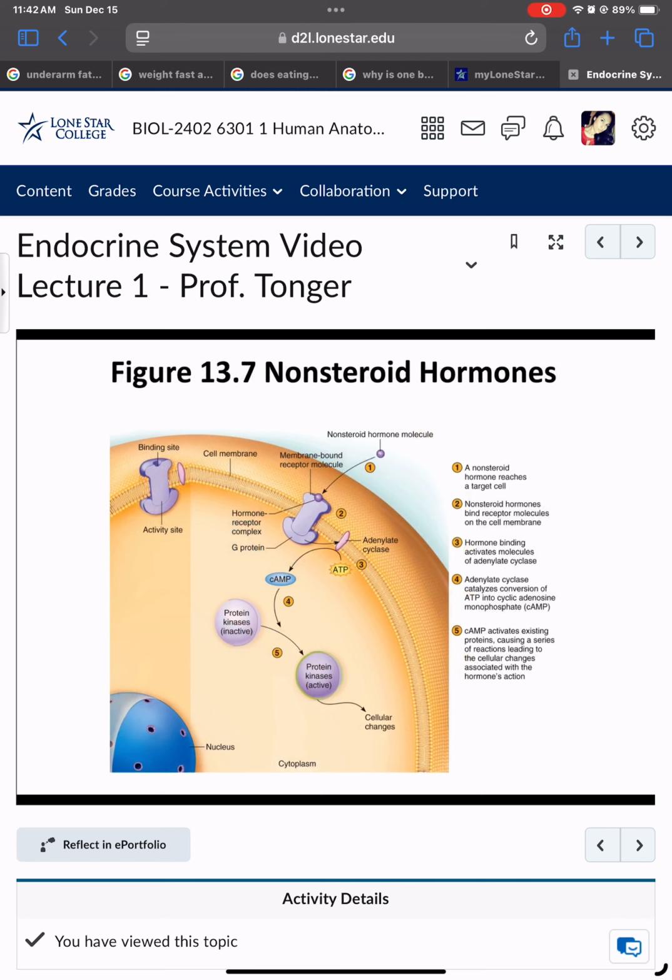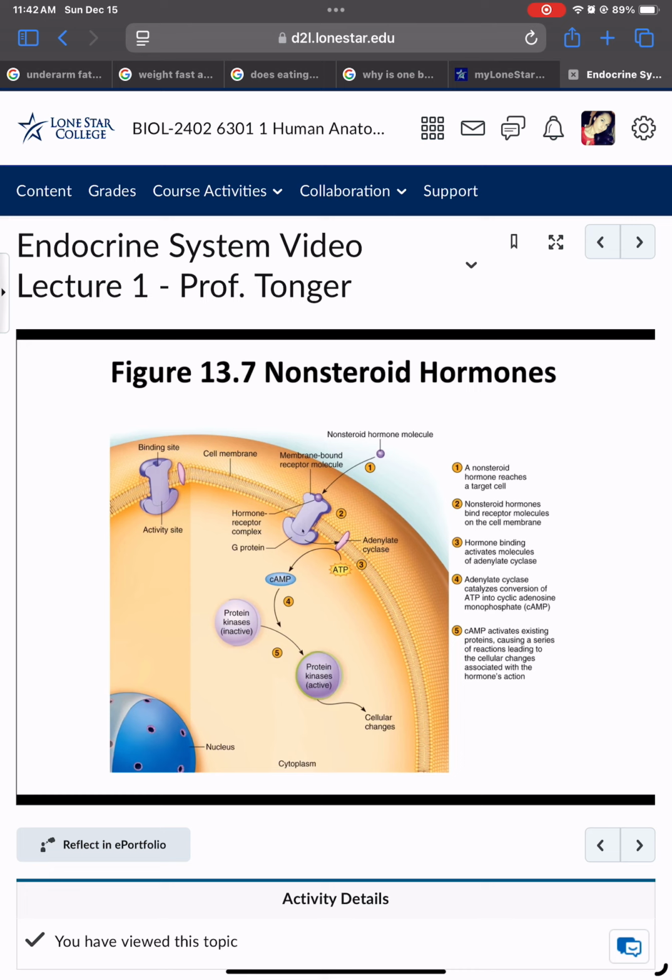This picture describes what happens when the hormone is non-steroid, which means it could be an amine, protein, polypeptide, or a glycoprotein. So, of course, as a water-soluble hormone, it's not easy for it to cross the cellular membrane, and because of that, it combines with the protein which is present on the cell membrane.